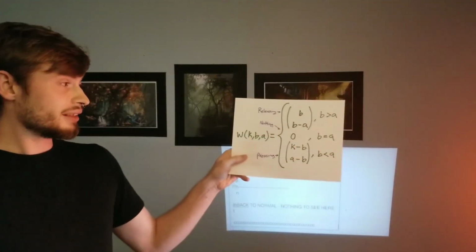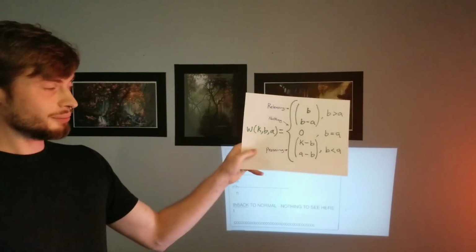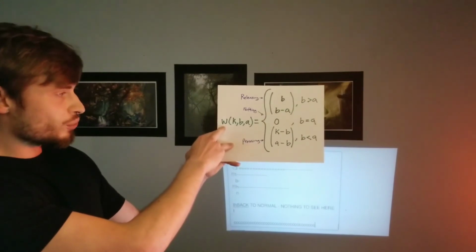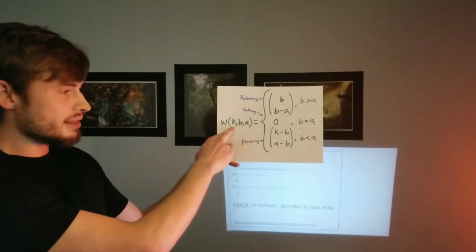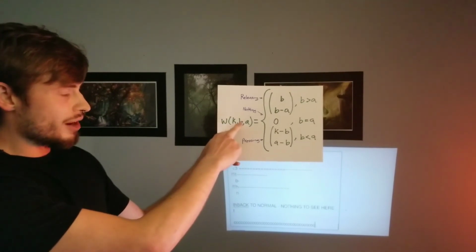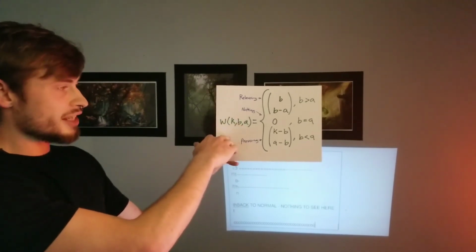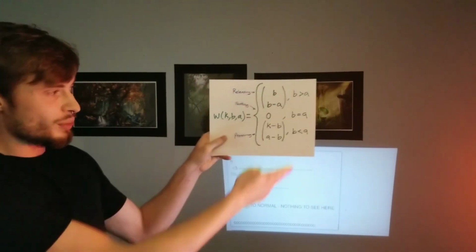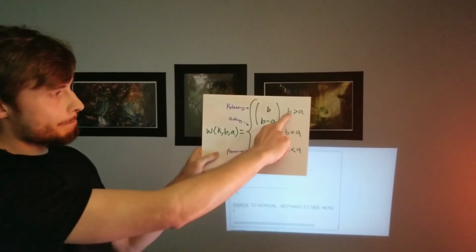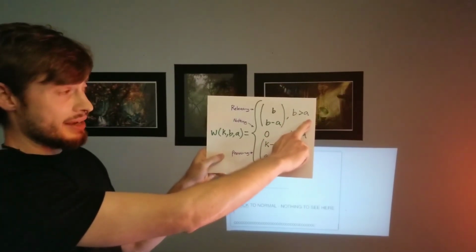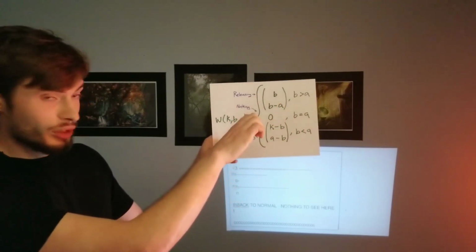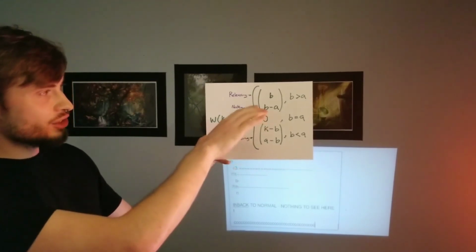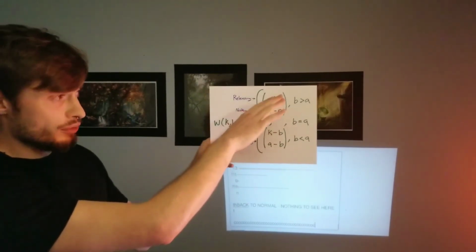So using that to calculate the different transitions in our transition matrix, we have the number of ways with k keys on your keyboard to go from B keys pressed before to A keys pressed after is this piecewise function, where if B is greater than A, that is, we had more keys pressed down and we released some of them, is a selection out of the number of keys that were pressed down.